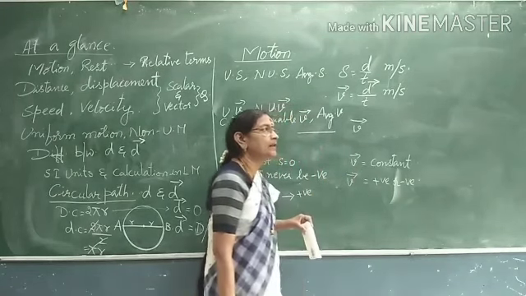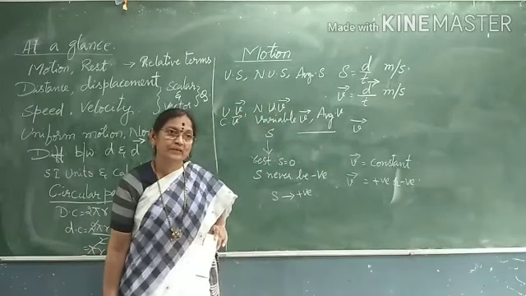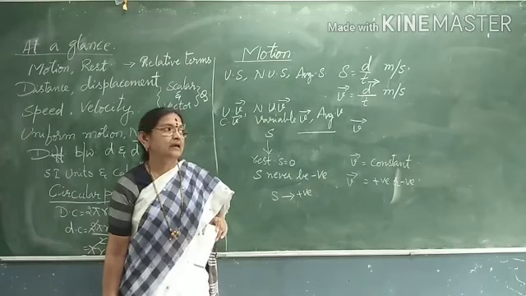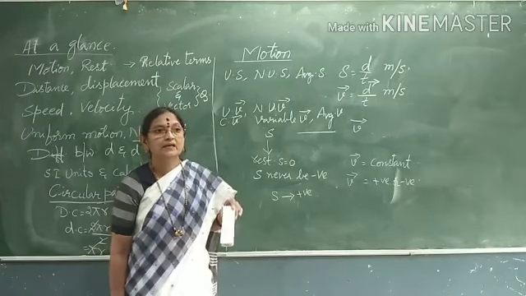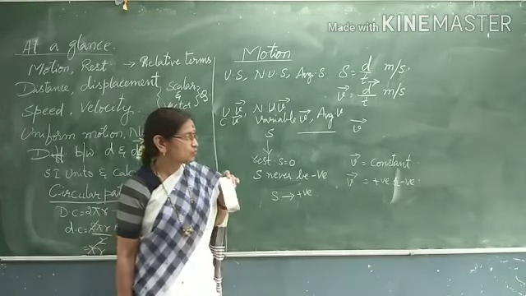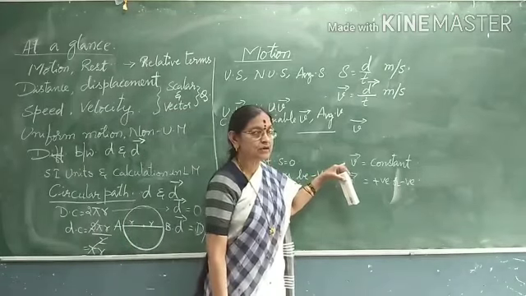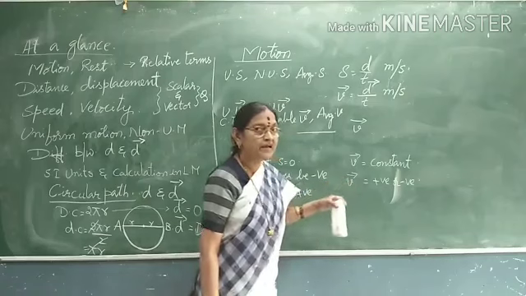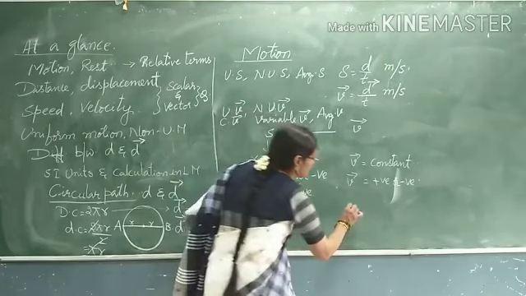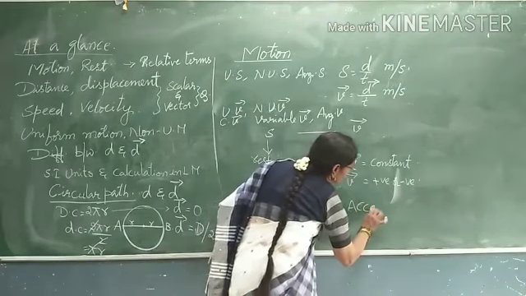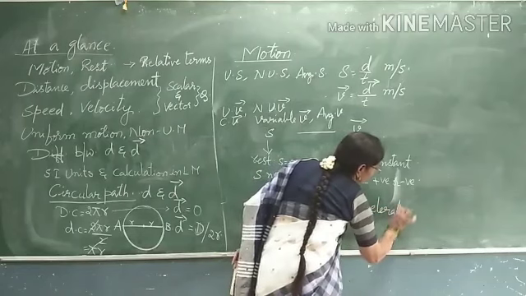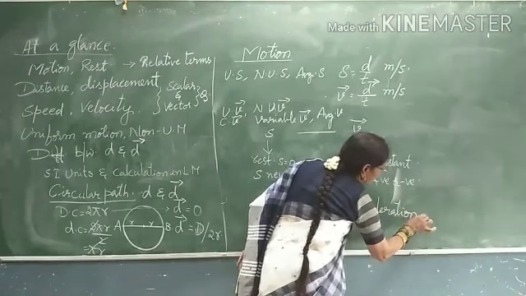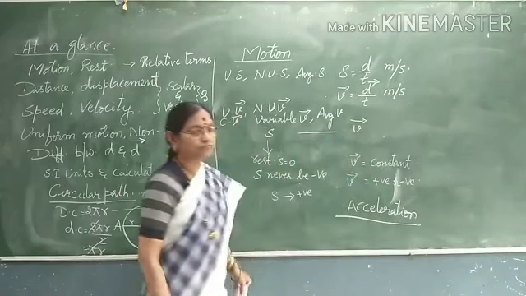For example, when a train is departing from the station, its velocity increases. So, increasing velocity can be explained by another term, which is known as acceleration. What do you call? Acceleration.